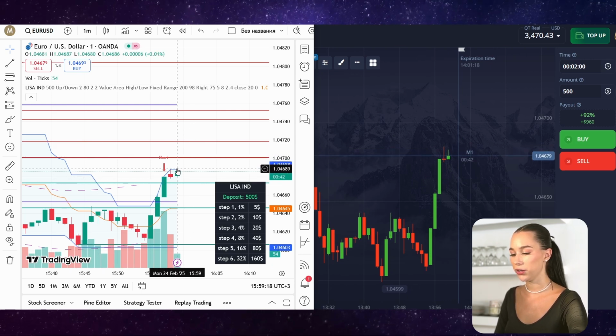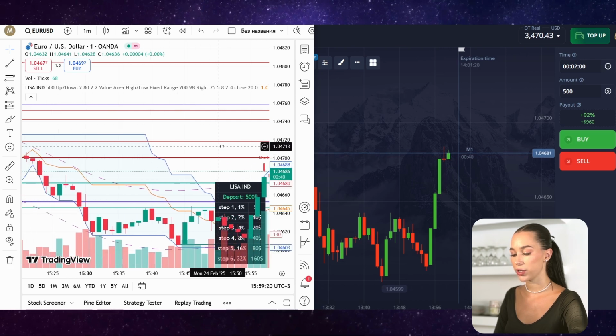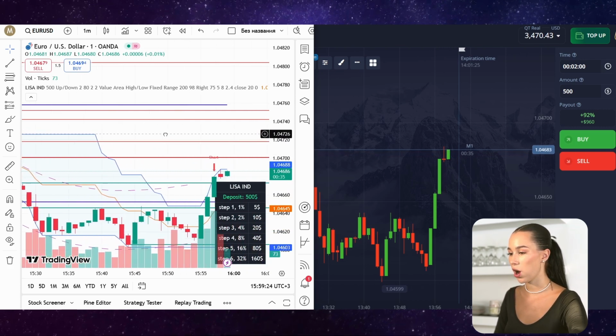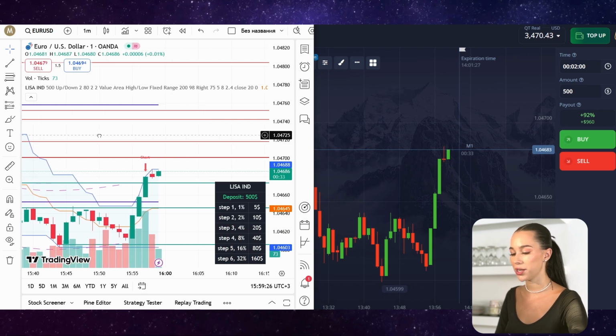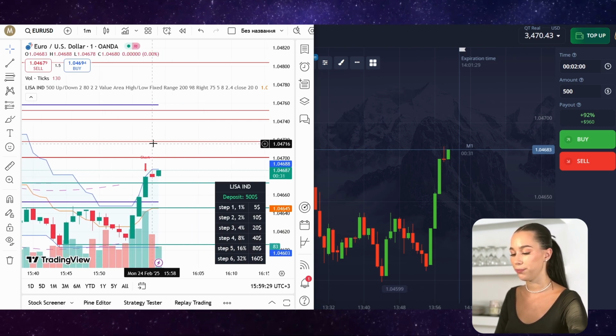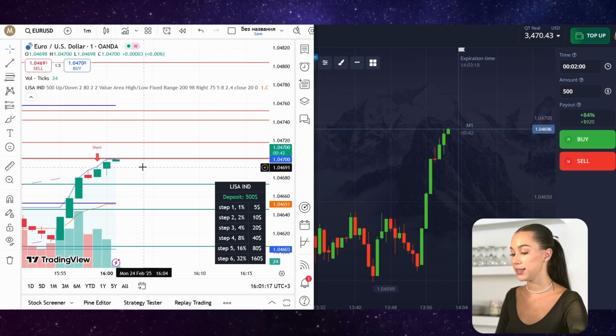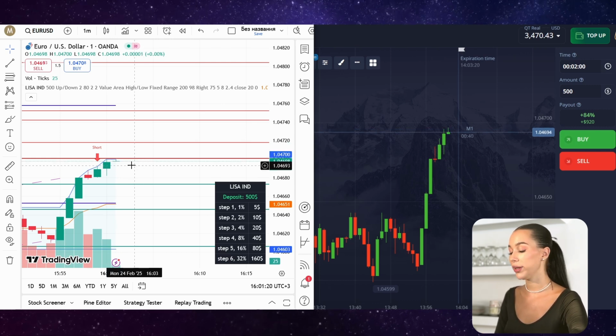So let's wait here a little bit to see what kind of trade we can open. We need to wait for our chart to show us more information so we can understand what kind of trade we would open. So guys, we waited here a little bit more, and as we can see, it's still the upward trend going here.